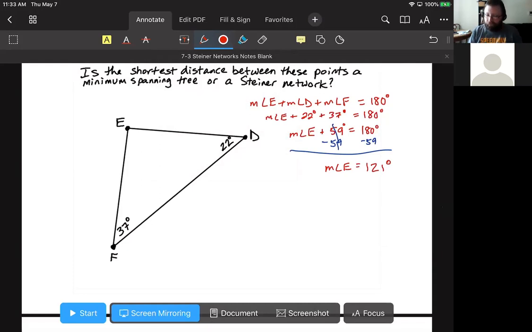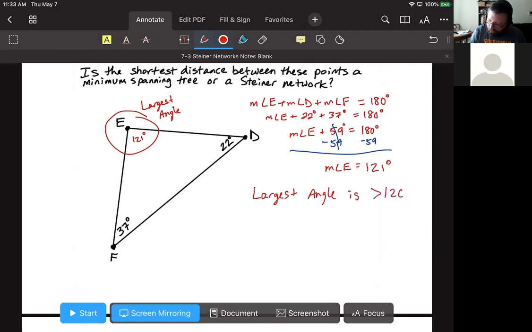All right, now once we know that, the largest angle in the triangle is angle E, which is the only one we really care about. And if that largest angle is greater than 120 degrees, that means the minimum network is the minimum spanning tree.